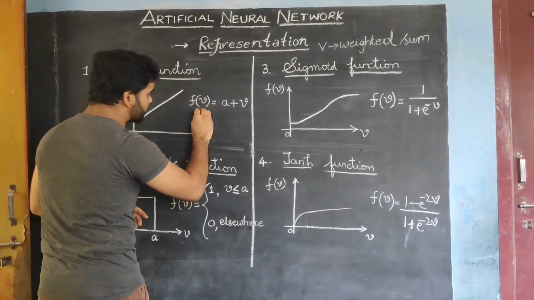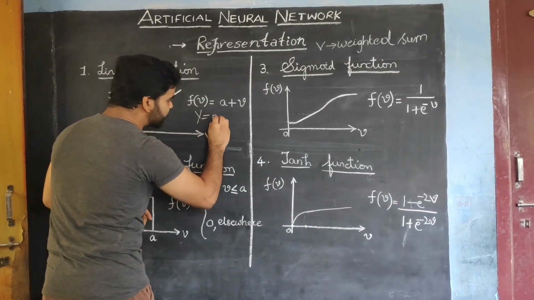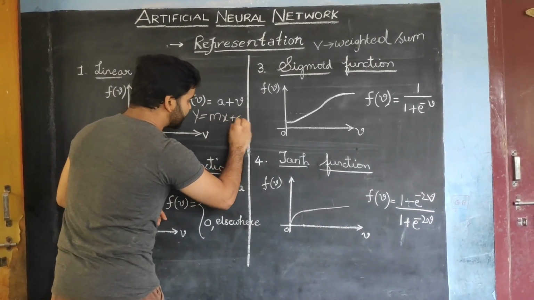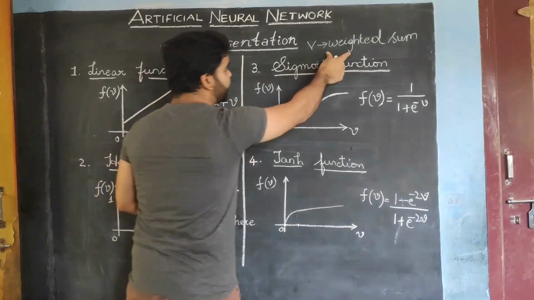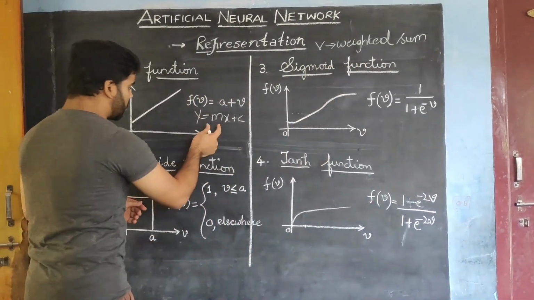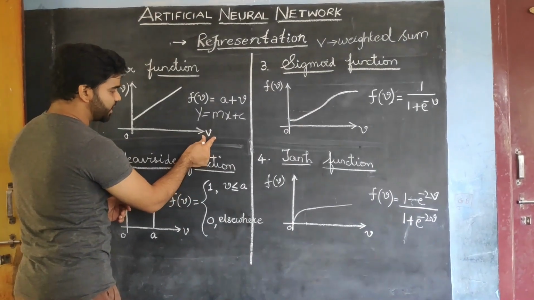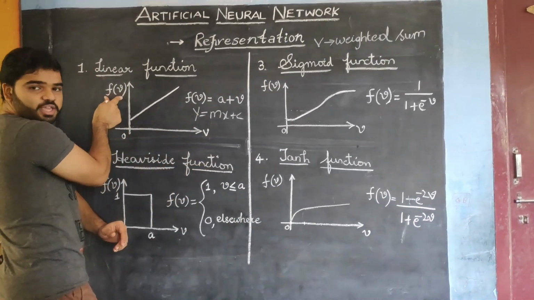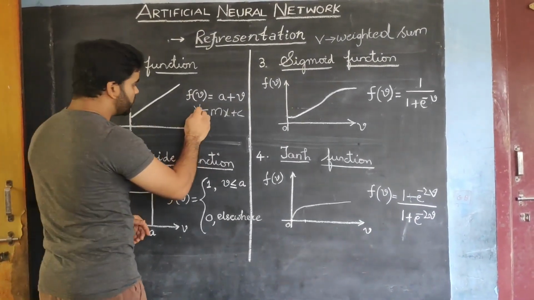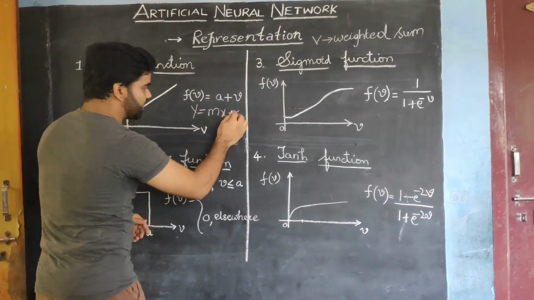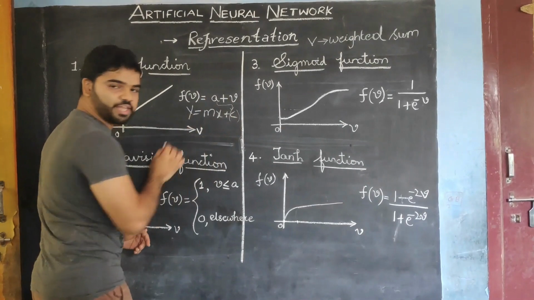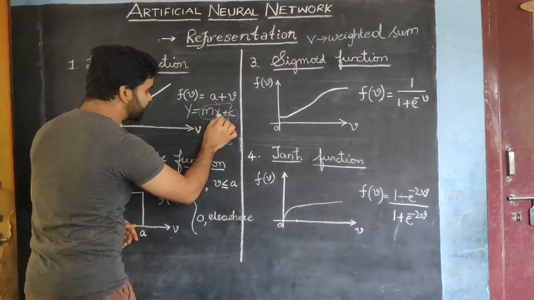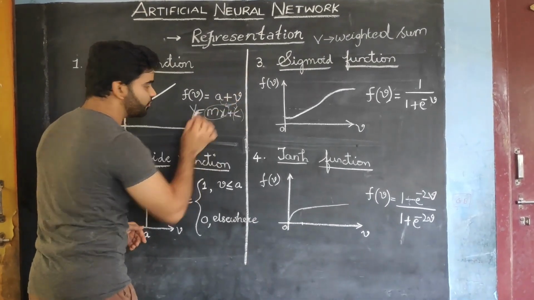This is similar to the equation y equals mx plus c, where here v is the weighted function. Now, we have plotted v on the x-axis and f of v on the y-axis. As we are able to see, this constant c is similar to a, and this mx is similar to v.